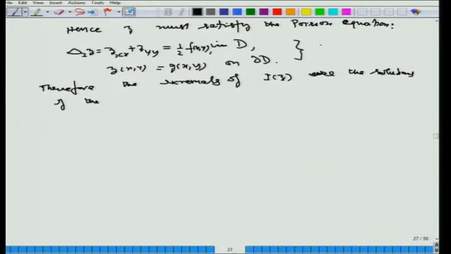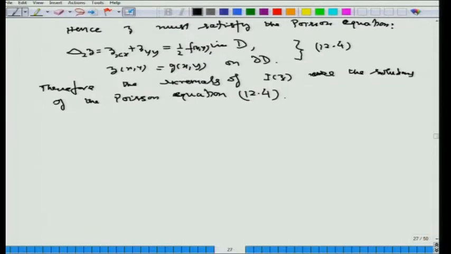This is 12.4. The solutions of the Poisson equation 12.4.